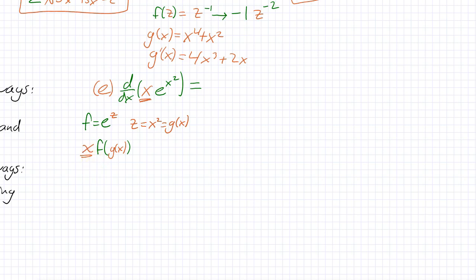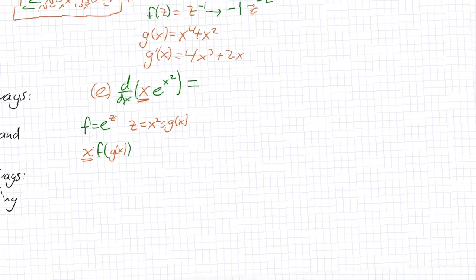What does tell you what to do with the other x is the product rule, because this is the product of this function x and this other function e to the x squared here. So at this point, I recommend you pause it and try to do it using the product rule. I'll pause it and do it myself, and the answers will appear in 3, 2, 1.